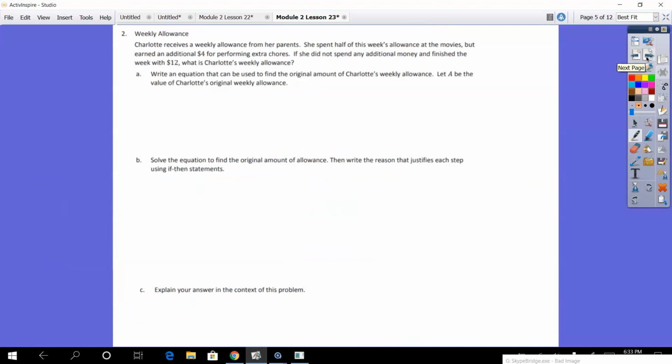Okay, number 2, exercise. First thing, it asks you to write an equation, and it asks you to use A. So go ahead, pause the video, and write that equation. Okay, Charlotte receives a weekly allowance from her parents. She spent half of her week's allowance at the movies, but earned an additional $4 for performing chores.